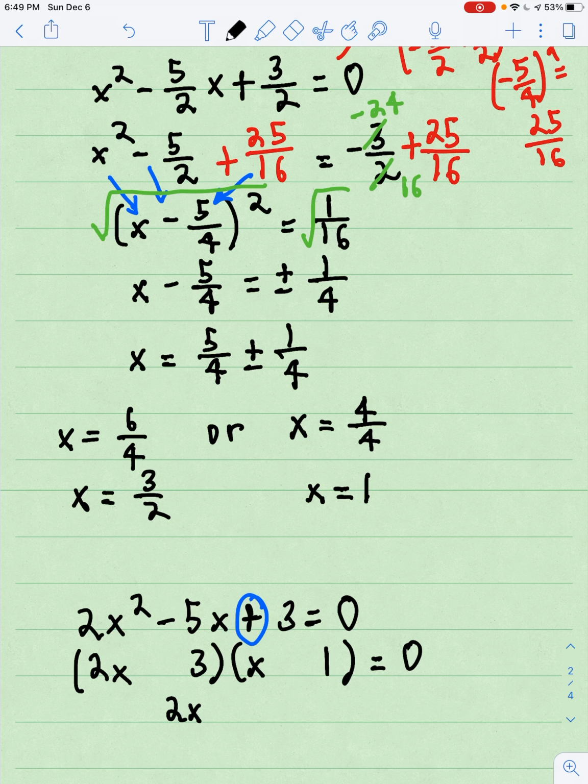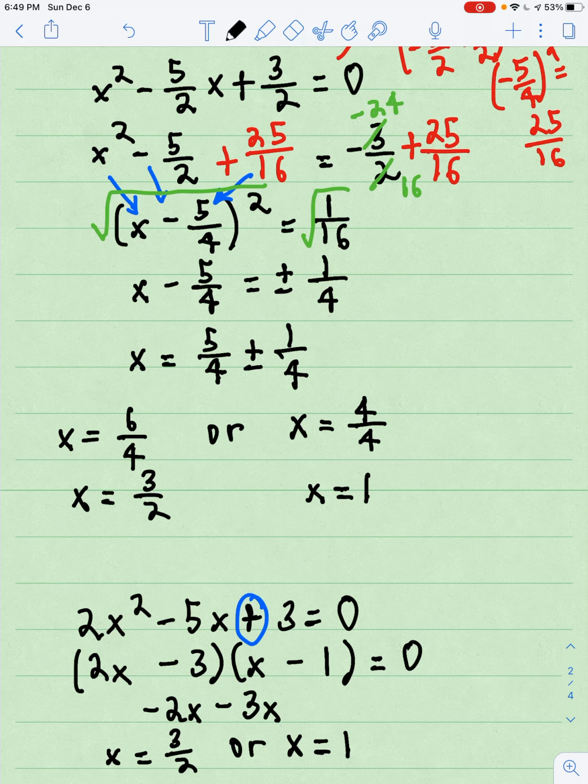Now our outside product's 2x and our inside is 3x, and that has a sum of 5, which is 5x, which is what we want. We've got to get our signs to both be minus so that the middle term is negative 5x. Now, what you see resulting is the exact same answers of 3/2 or 1.